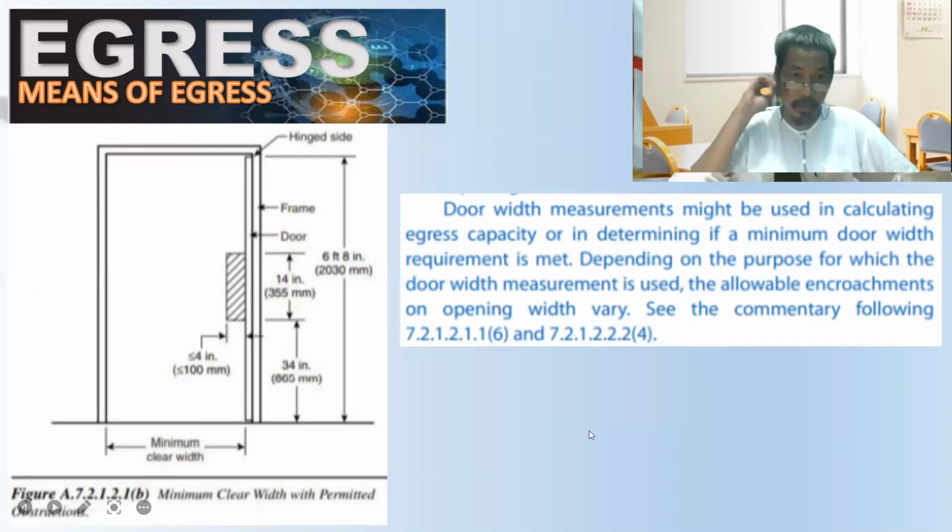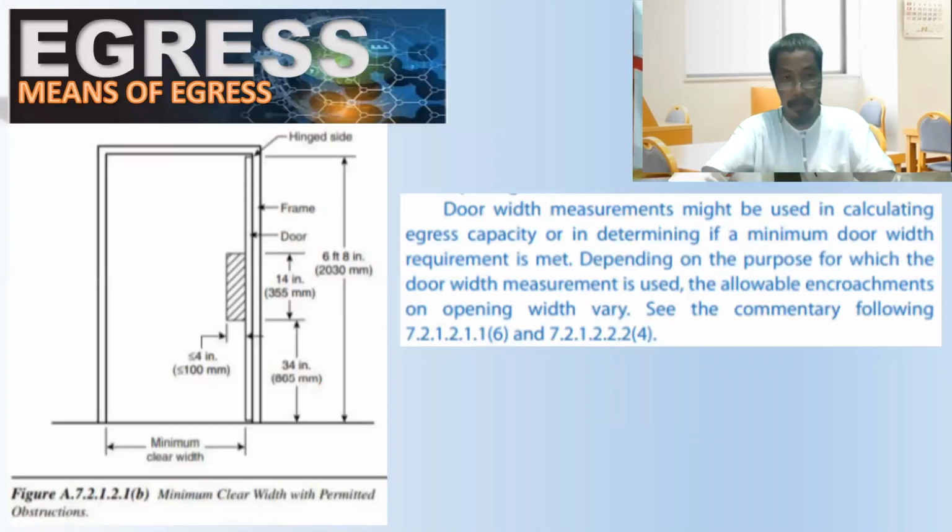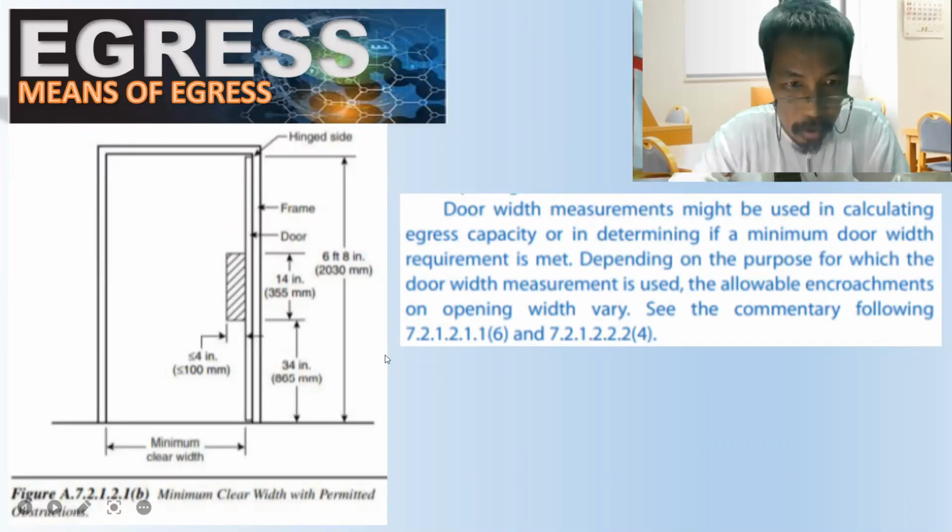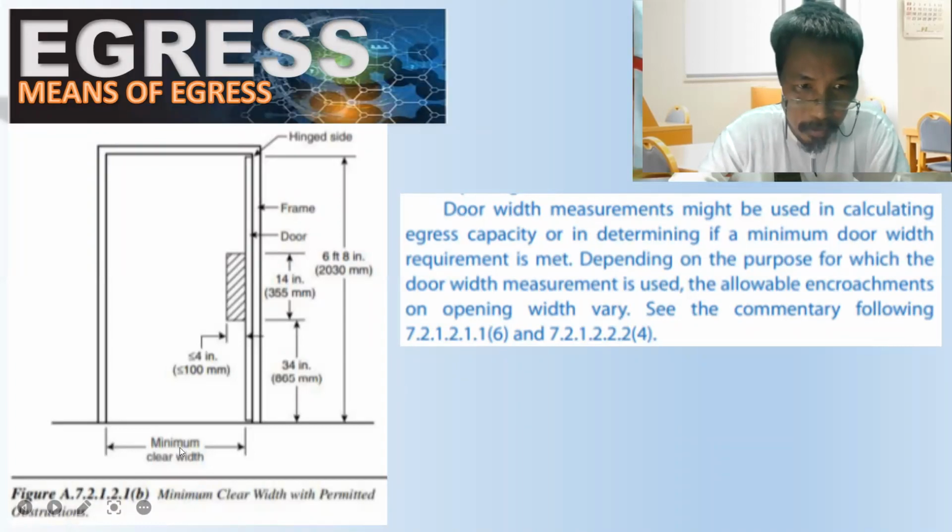So as you can see, we have a picture of an exit door with clear width, minimum clear width, and the height of the door, which is 2.03 meters, with hinge connection.